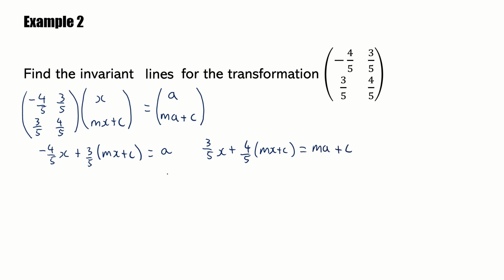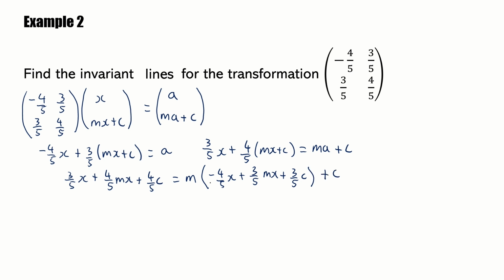We can then combine these equations into one, so therefore we're going to end up with 3/5 x plus 4/5 mx, if I start multiplying the brackets out as well, 4/5 c, and on the right we did have ma, but now we're going to have m lots of minus 4/5 x plus 3/5 mx plus 3/5 c, and then not to forget the plus c that was already on the right hand side there as well.